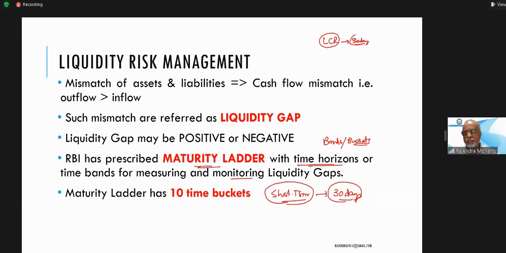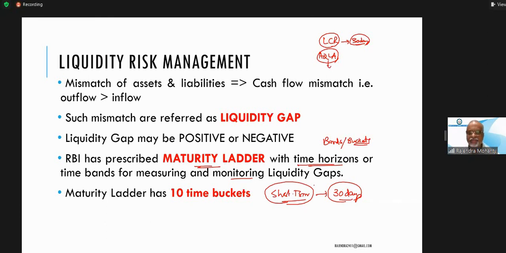Your short-term liquidity problem should always be within that ratio. LCR should be equal to or more than 100%, meaning you should maintain your HQLA, high quality liquid assets, up to the 100 level.